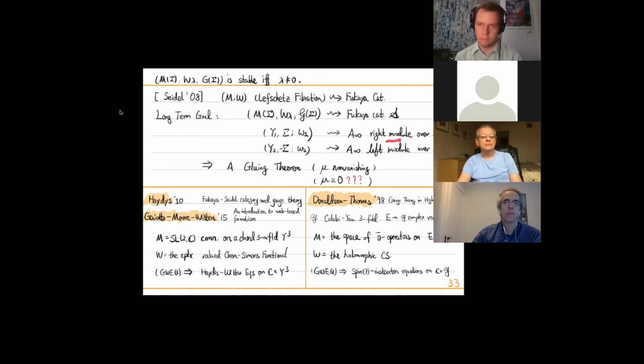So for each A infinity module, there is an underlying chain complex. We have constructed the underlying chain complexes, but we don't have the A infinity structure. That's the problem. I hope we can define the A infinity structure in the future.